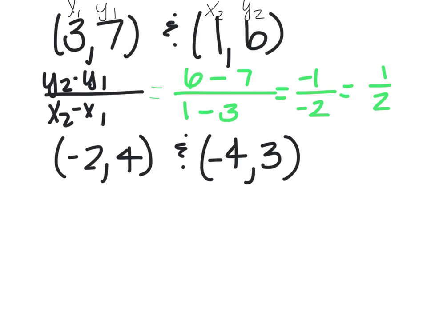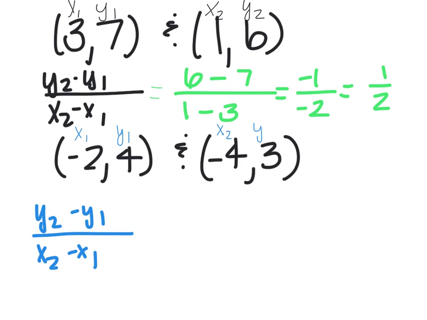I'm going to do the same thing for my next one. So I have, again, y2 minus y1 over x2 minus x1. First of all, I'm going to label my points. So I have x1, y1, and x2, y2. If I fill in my numbers, I'll have y2, which is 3, minus y1, which is 4, over x2, which is -4, minus x1, which is -2. 3 minus 4 is -1.